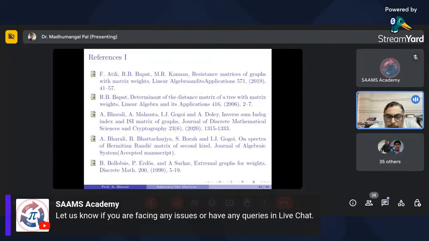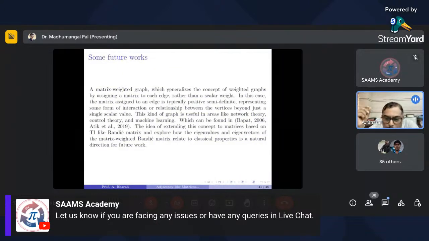But here the direction that I want to discuss about, so can you go to the last slide, is where the weights of the graphs will not be scalar weights. The weights will now be matrices. This was first proposed by Bapat in 2006. It gained popularity in 2019 and late 2020.